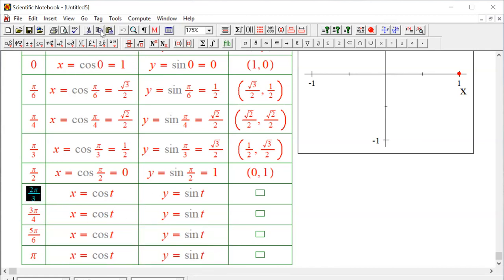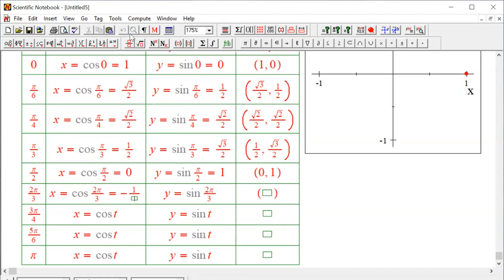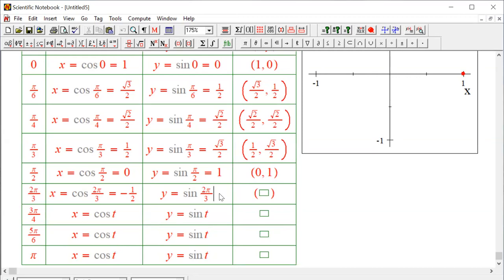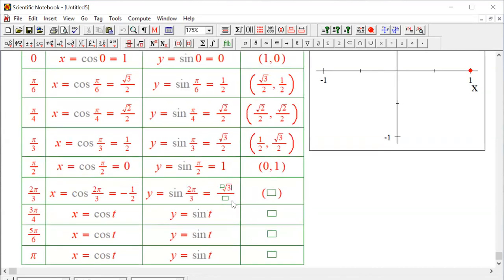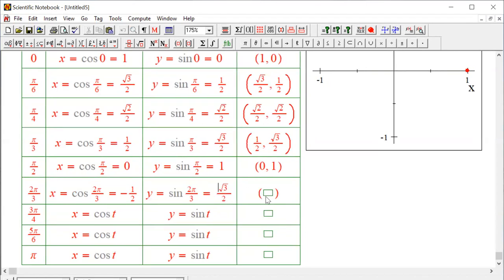So for 2 pi over 3, you can have a unit circle by your side, and cosine 2 pi over 3 is negative half. And sine 2 pi over 3 is root 3 over 2. Right?